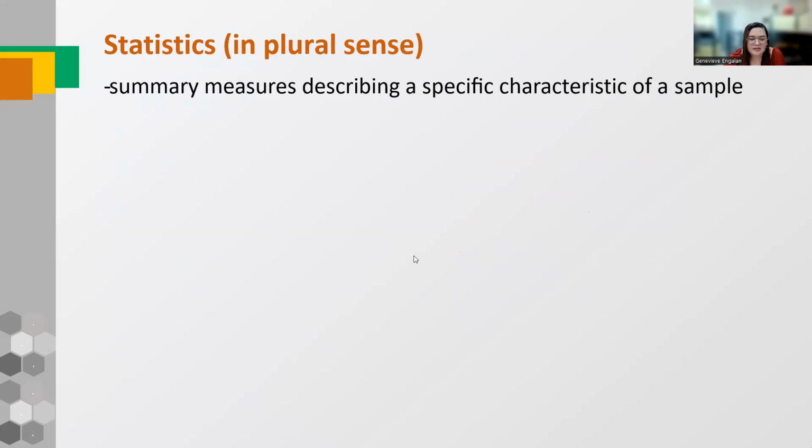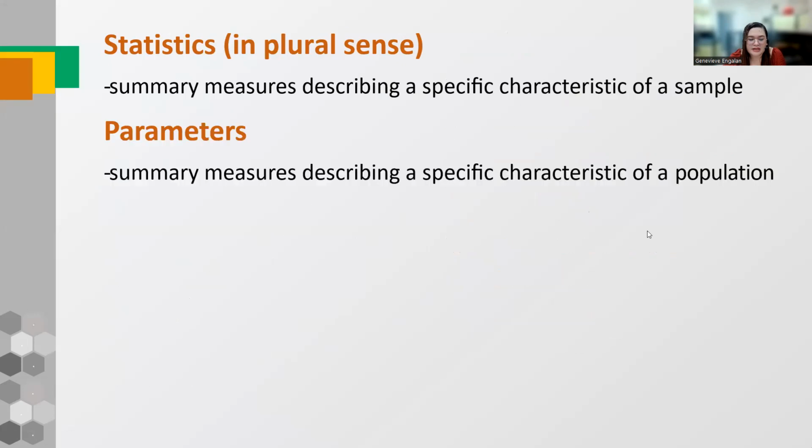Okay, statistics in plural sense is the summary measures describing a specific characteristic of a sample. Okay, parameters are also summary measures, but statistic is a different class. Statistic: summary measures describing a specific characteristic of a sample.